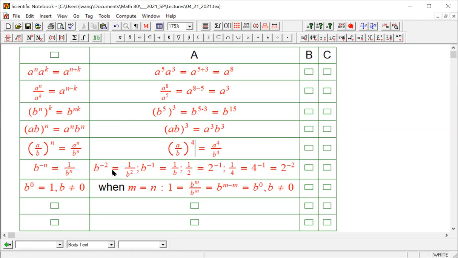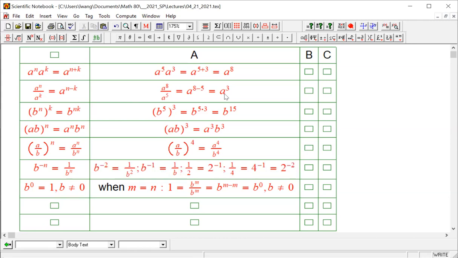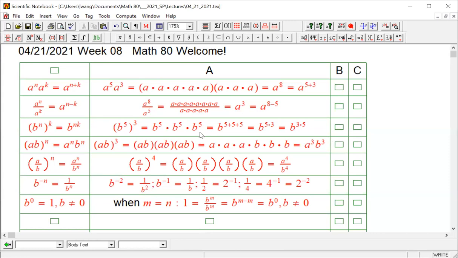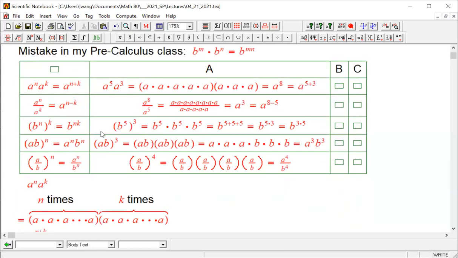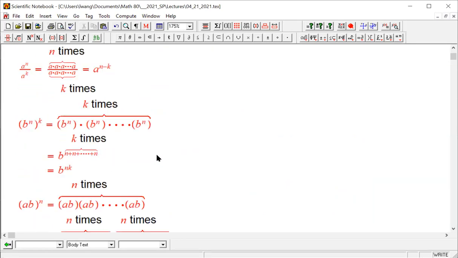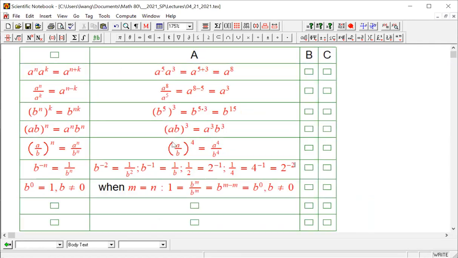And b to the power negative n, and these examples. Did you guys write down all of these tables here? I'm going to make it just a little bit shorter. I'm going to use b to the power negative 2. I'm just going to save that part.